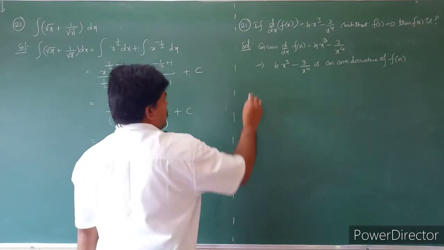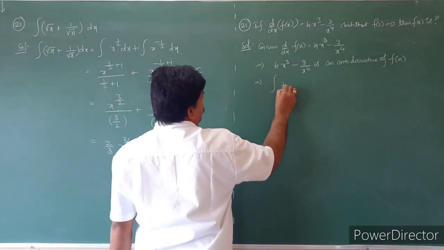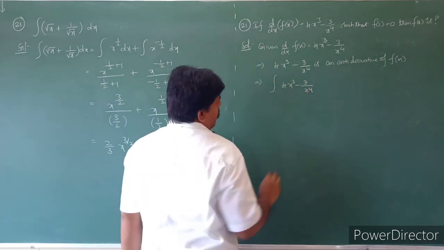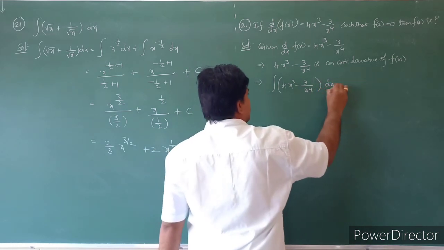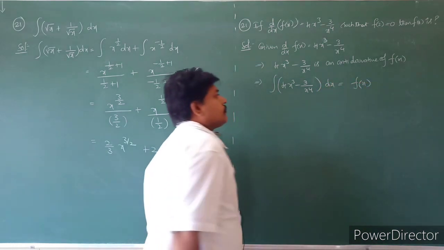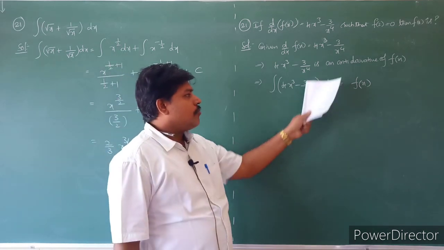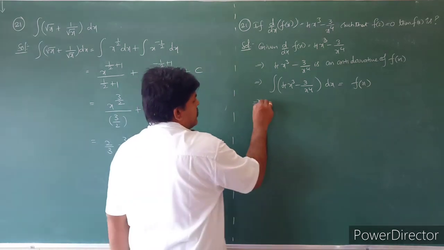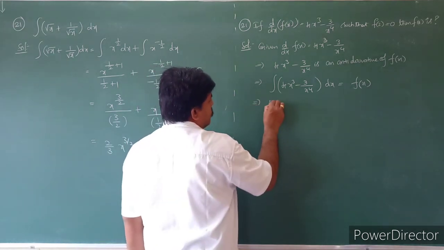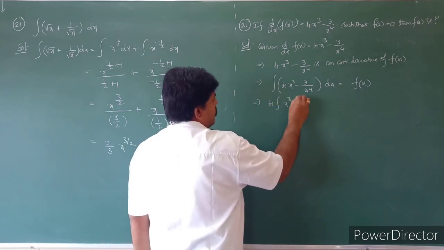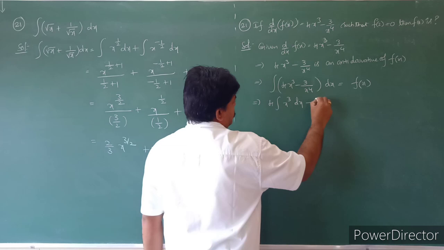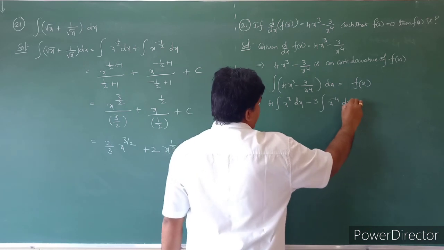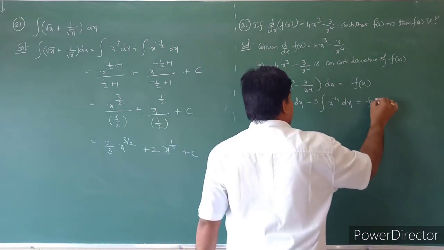That implies the integral of 4x cube minus 3 by x power 4 into dx is equal to f of x. That implies 4 into integral of x cube into dx minus 3 integral of 1 by x power 4, which is x power minus 4 into dx, is equal to f of x.